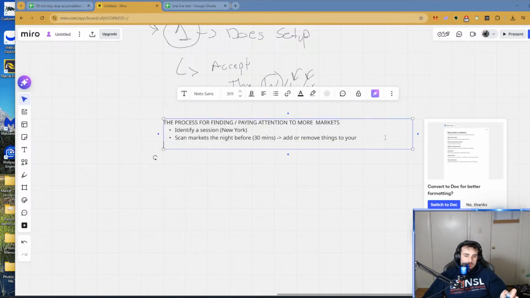Now, that way when you wake up the next day, all you got to do, instead of searching and using that brain power you would normally use to find clear markets, that's already done. So in the morning, you can quickly scan the markets you have chosen to watch the night before.